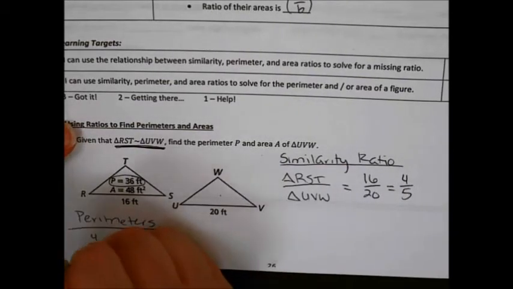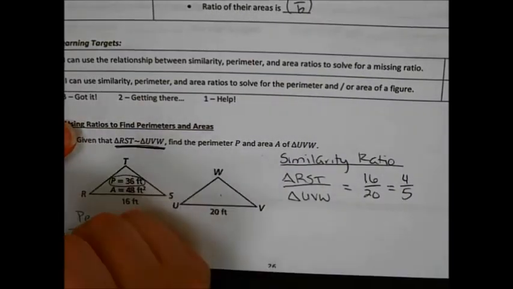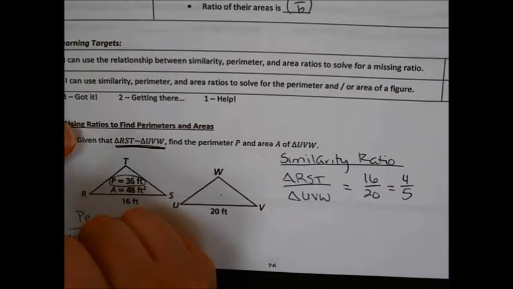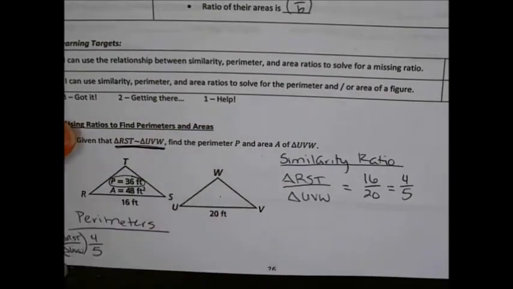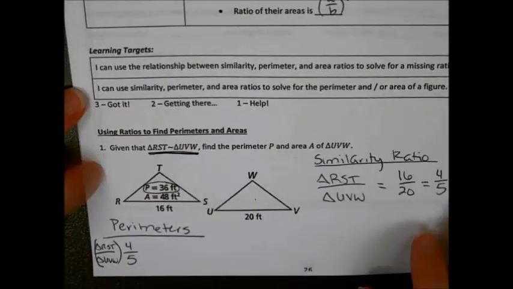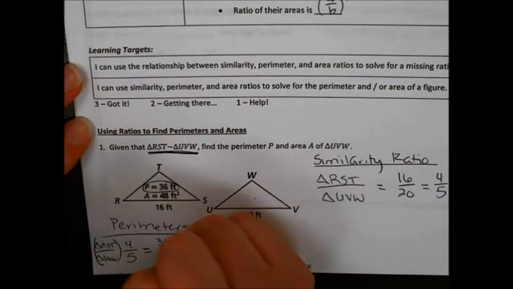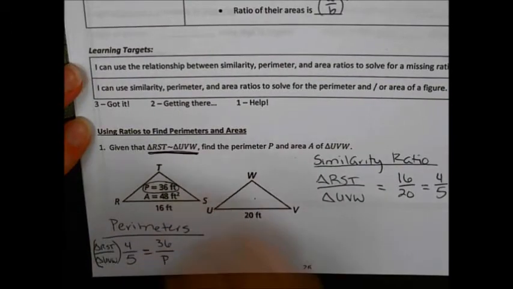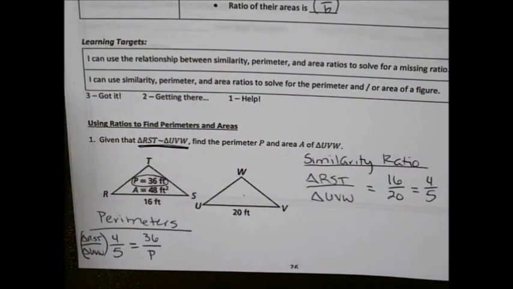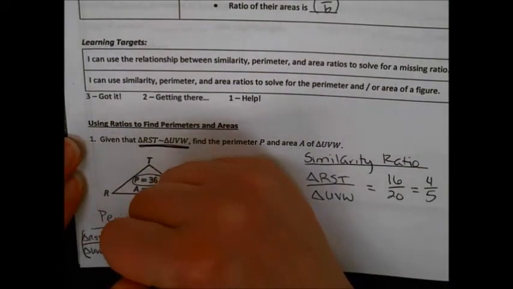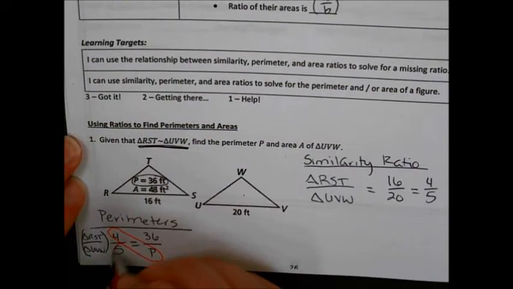So I'm going to start there, 4 over 5, and my triangle RST is the one that's on top, and triangle UVW is on the bottom. So I'm going to put that over there just so we remember the order is important, right? So 4 over 5, and I know the perimeter of RST is 36, so that can go over P, the new perimeter that I'm trying to find, and all we have to do then is cross multiply to solve for P.